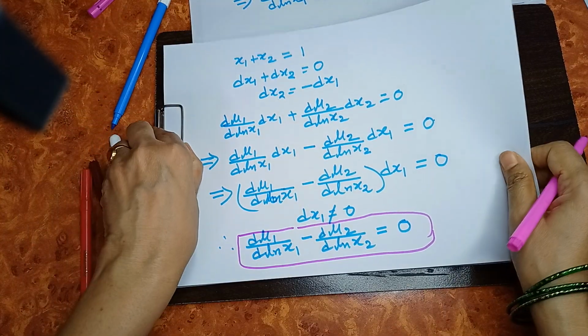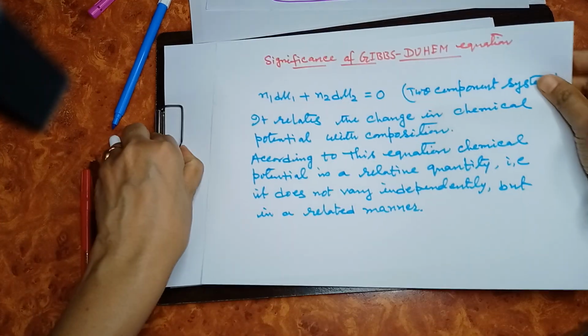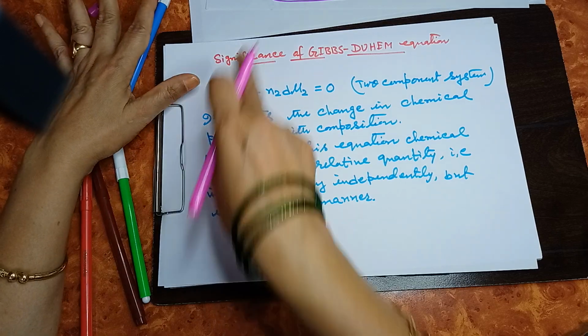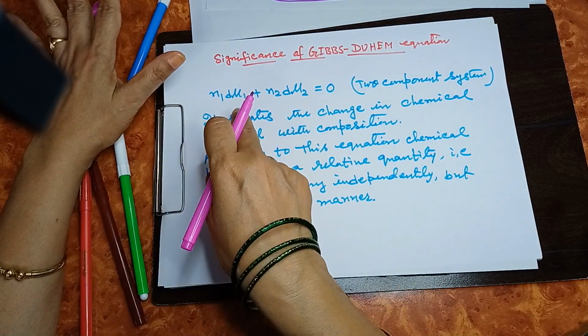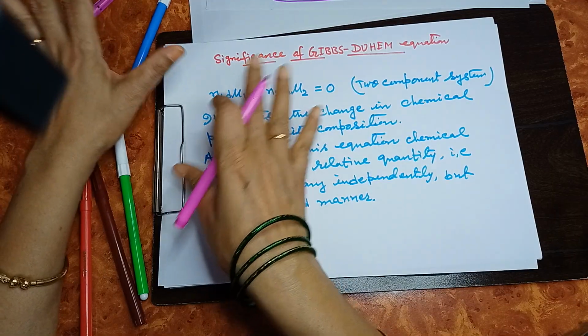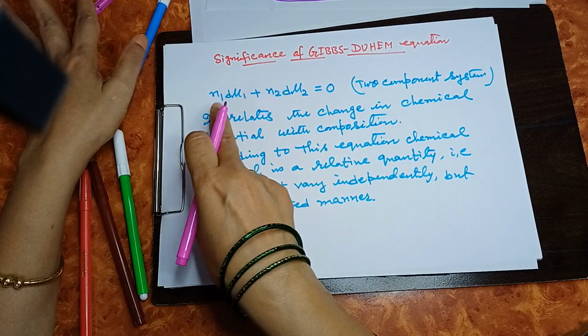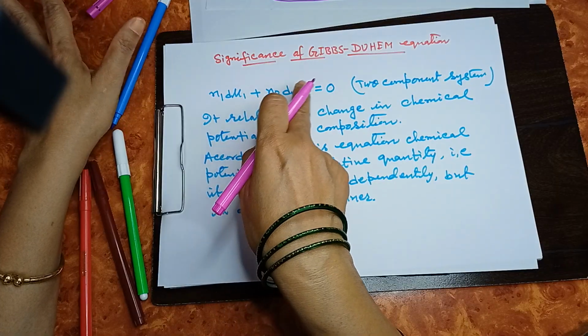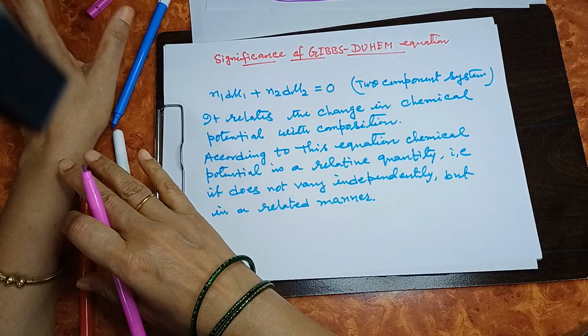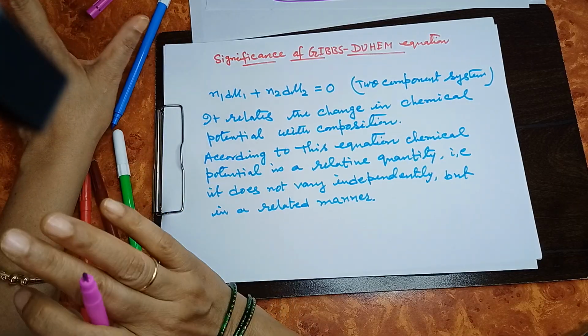Okay. Now I will come to the significance of the Gibbs-Duhem equation. The Gibbs-Duhem equation we have just derived is n1 d mu 1 plus n2 d mu 2 plus n3 d mu 3 equal to 0. For two components, n1 d mu 1 plus n2 d mu 2 is equal to 0, or x1 d mu 1, with mole fractions, plus x2 d mu 2 is equal to 0.